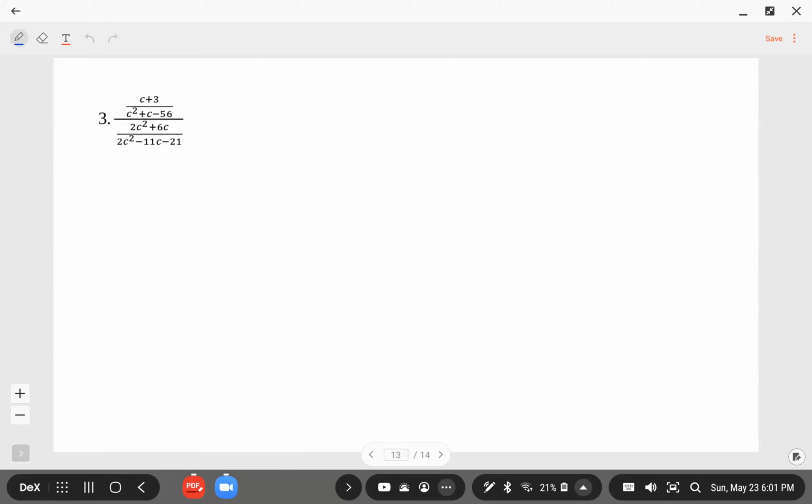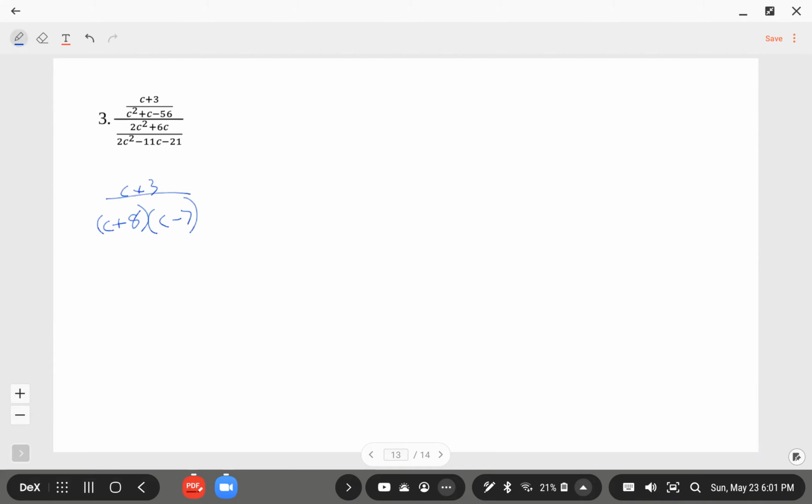Okay, so now let's start solving this one in case you haven't already. C plus 3 over c plus 8c minus 7. Oh wow, this is cricket.